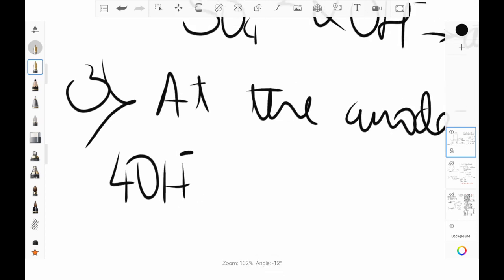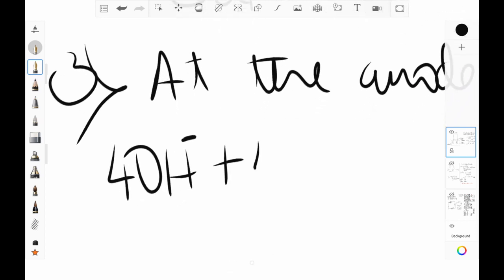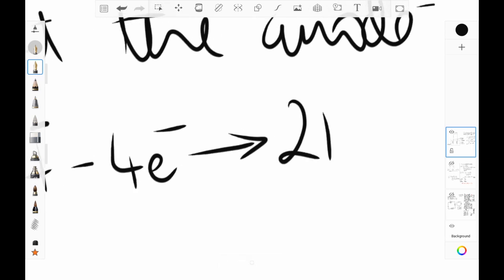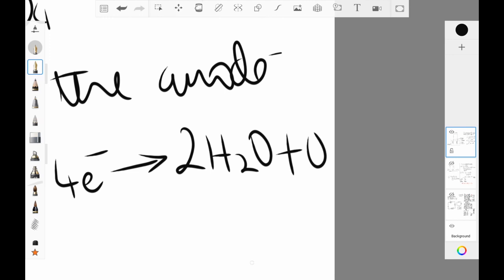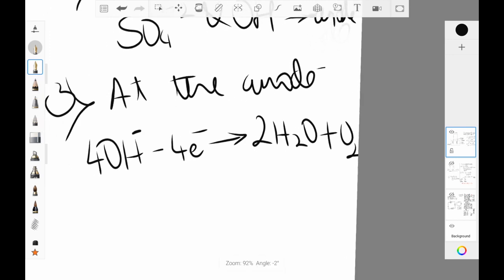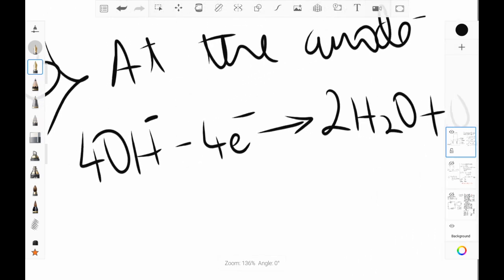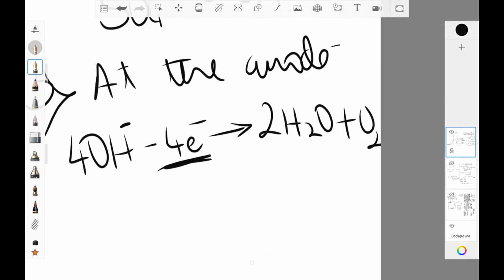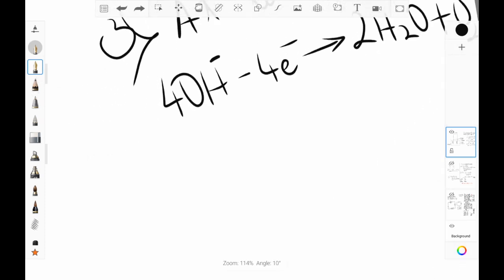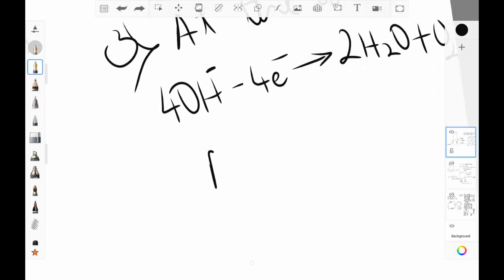So 4 hydroxide ions will lose 4 electrons to form 2 molecules of water and oxygen. Again, you can write the electrons on the product side as plus 4 electrons, but either way is correct. So the hard part is done.